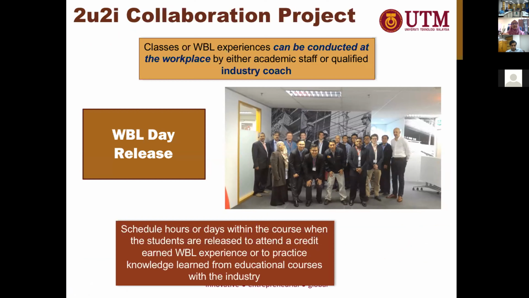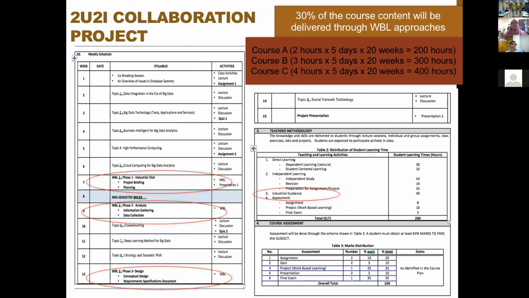where the students need to conduct work-based learning, with work-based day release. For example, in one semester plan, they will sit with industry and solve the industry problem. In this design, 30% of the course content is based on work-based learning, meaning that in week 7, week 9, and week 13, they will be with industry. They will sit with industry and solve the problem using all the topics we discuss with them, or the skills we want them to integrate in the project, okay?